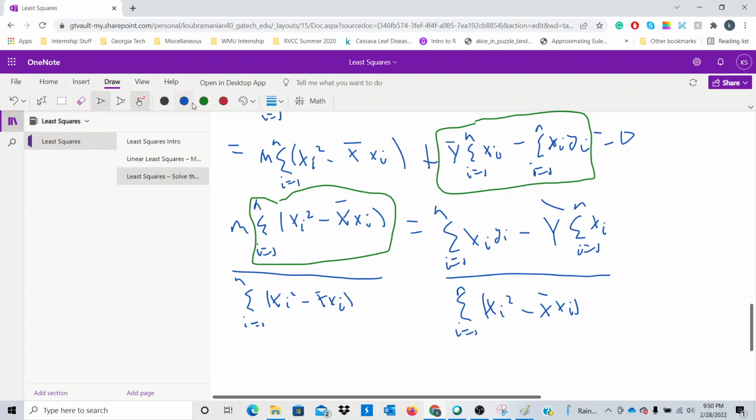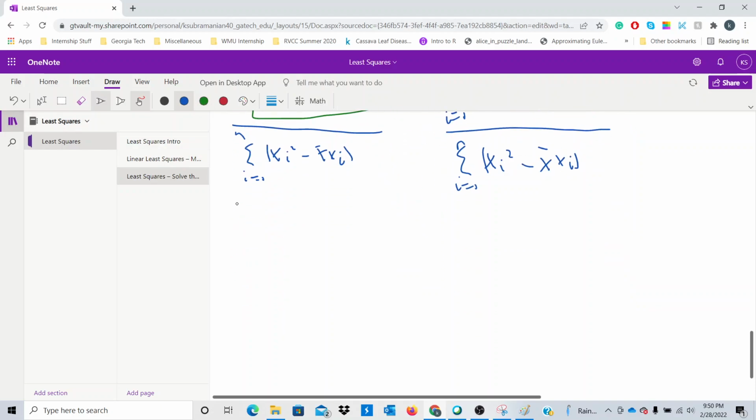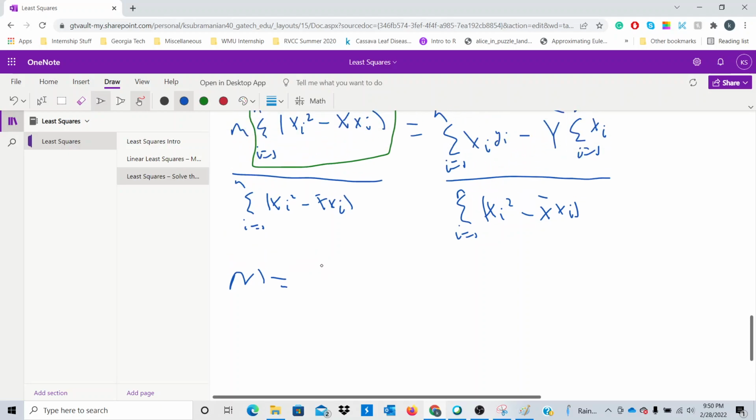And now, from what we got here, we have the following for m. So m is going to be equal to the summation from i equals 1 to n of x_i y_i, minus y-bar times the summation from i equals 1 to n of x_i.